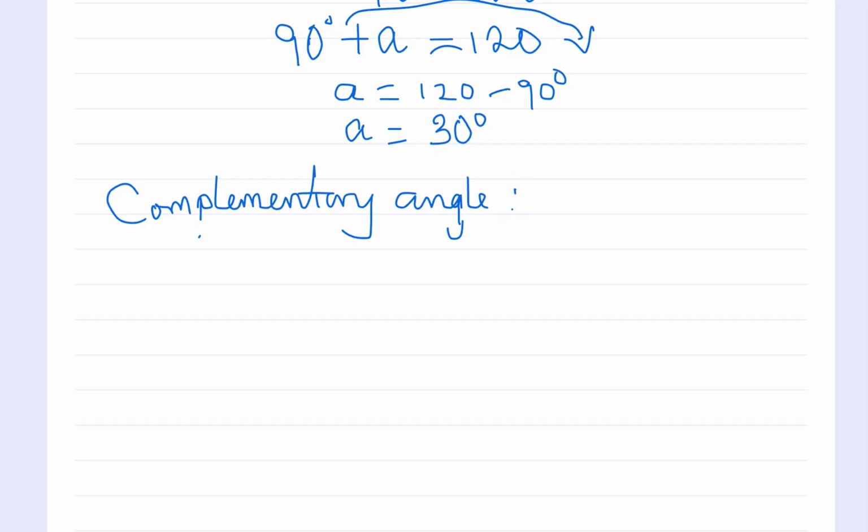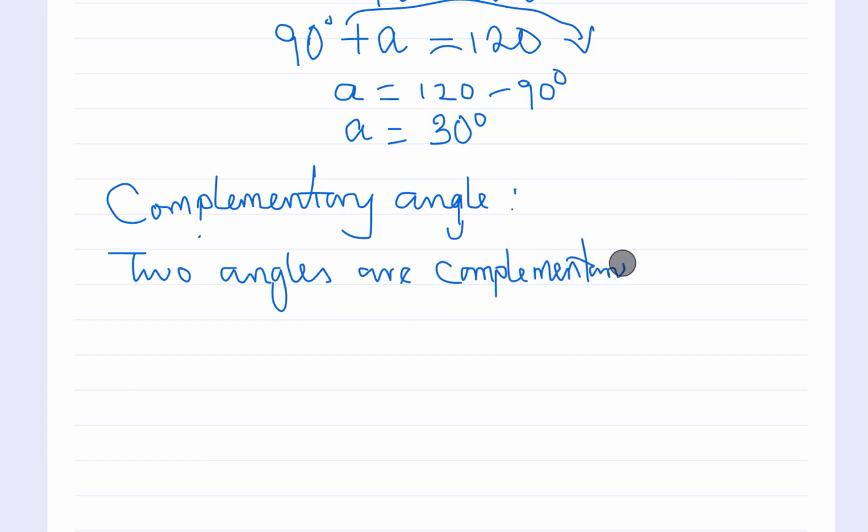Okay, let me write it. Two angles are complementary if their sum is 90 degrees.